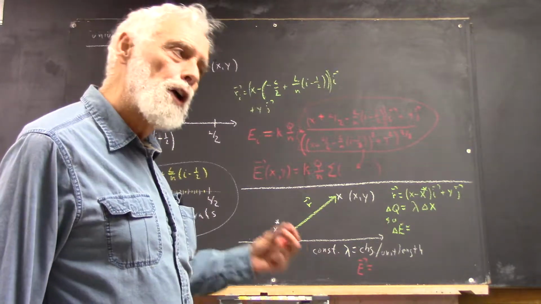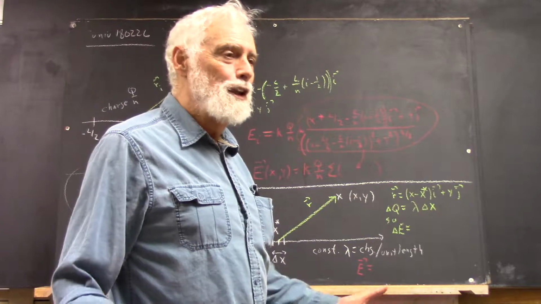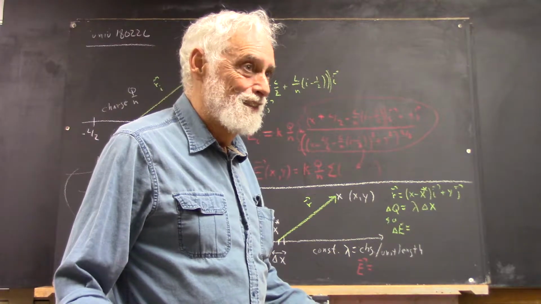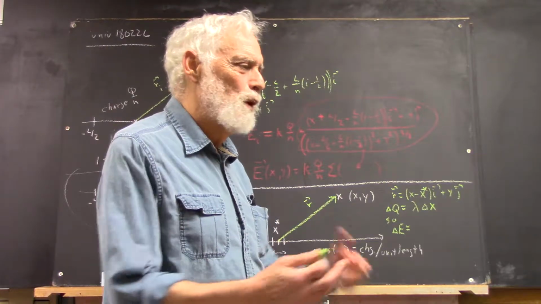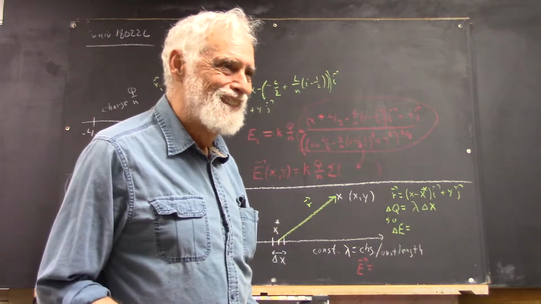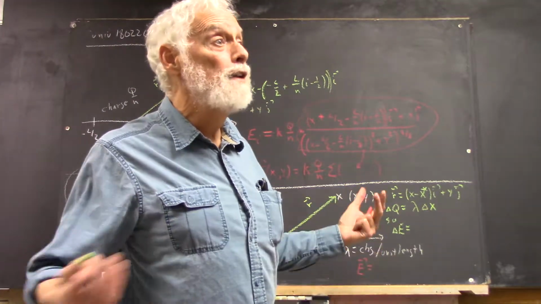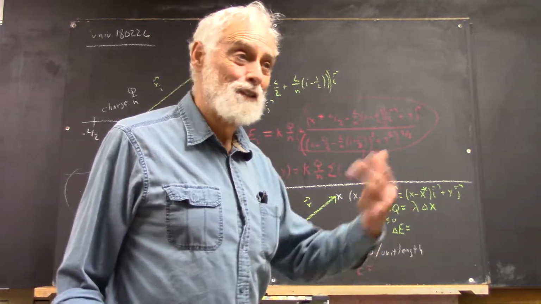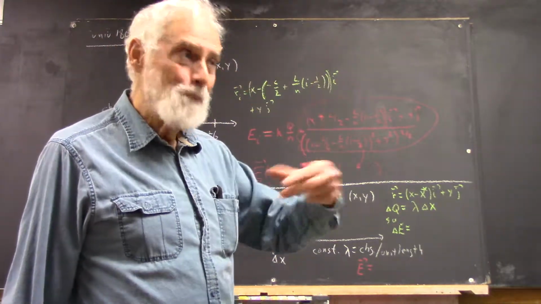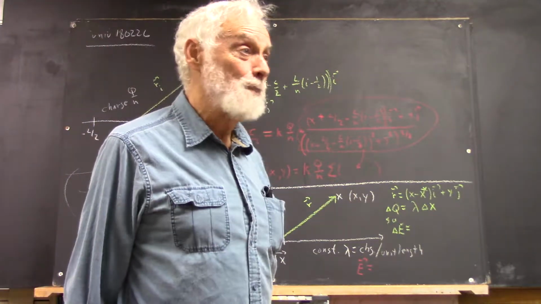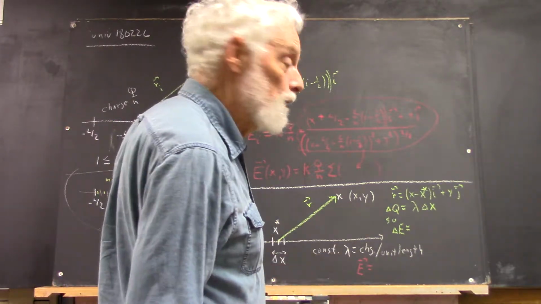Now when you have a charge per unit area, to get the charge you need area. It's so simple that it escapes us. Okay, so anyhow, delta E equals what?